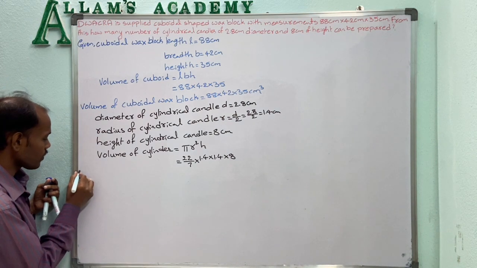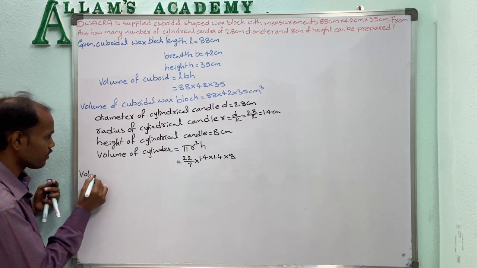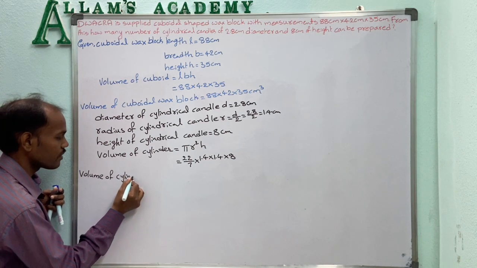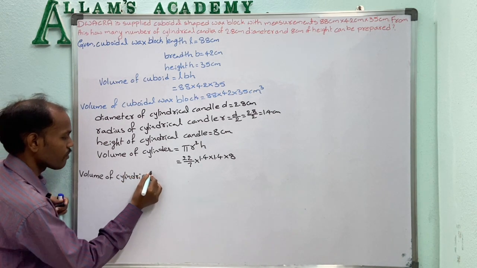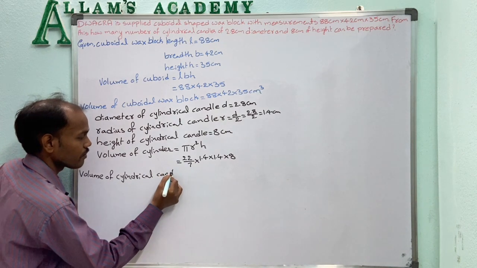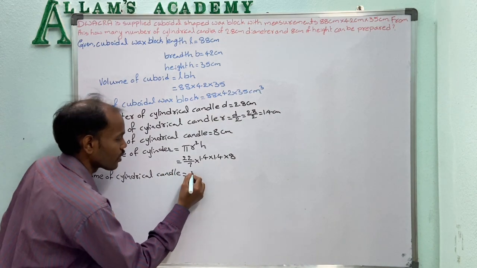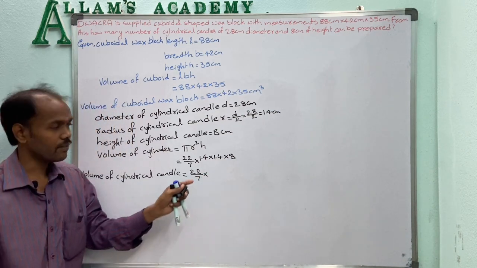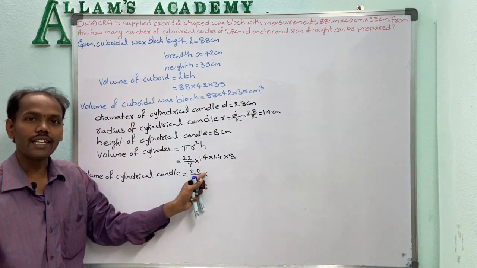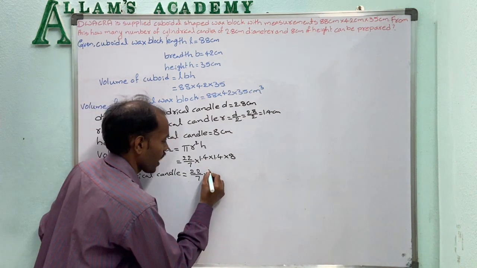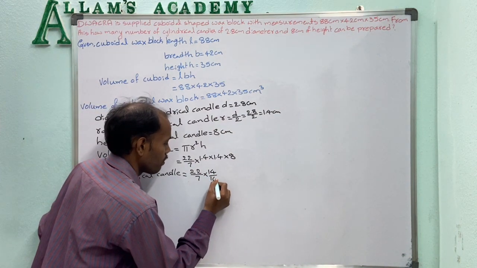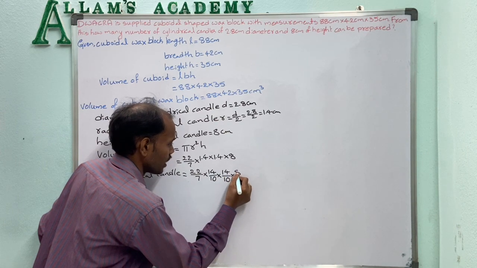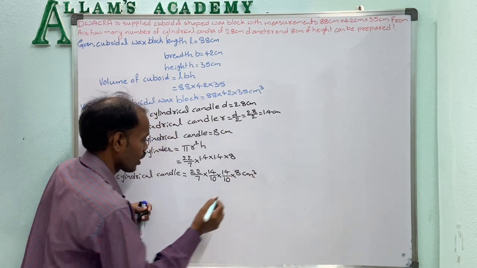So volume of cylindrical candle equal to 22 by 7 into, if we remove point in the denominator we have a chance to write 10, so 14 by 10 into 14 by 10 into 8 centimeter cube.